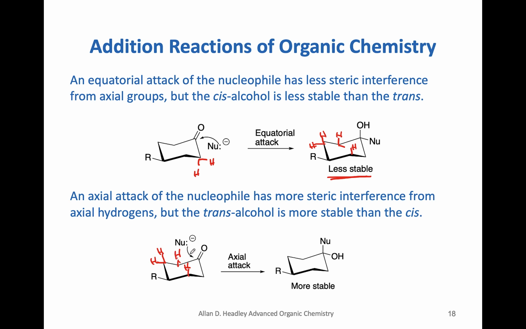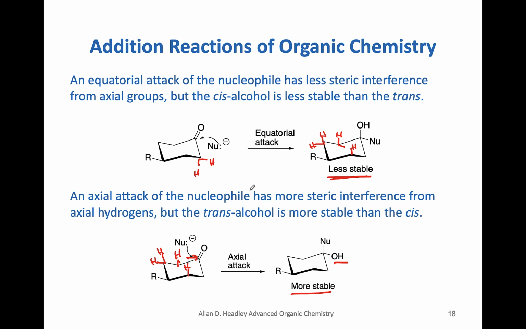So coming in, it's blocked by these hydrogens. So there's less space for the nucleophile to come in to this carbon from this side because of the axial hydrogens. However, it gives a more stable equatorial product.